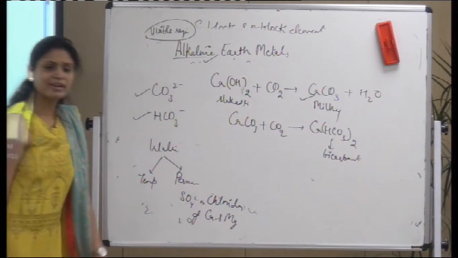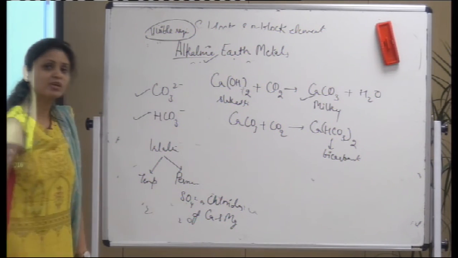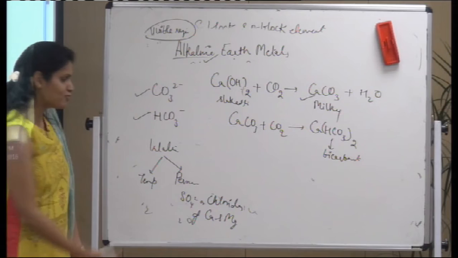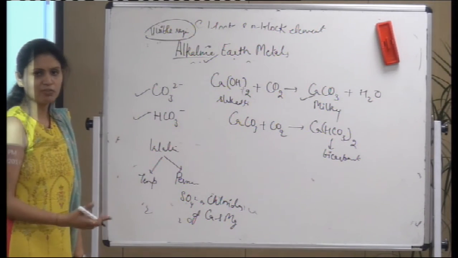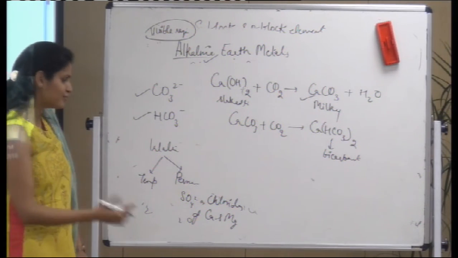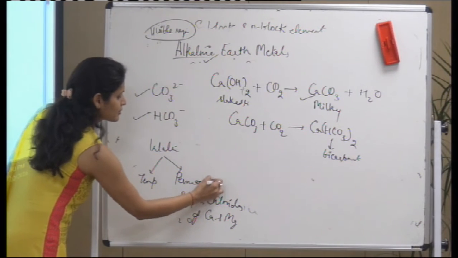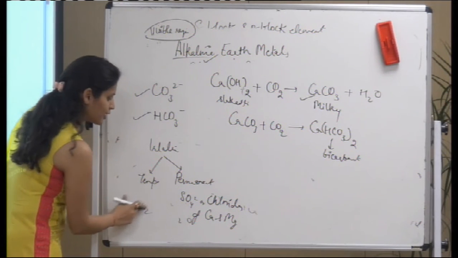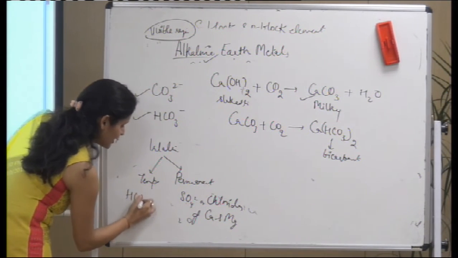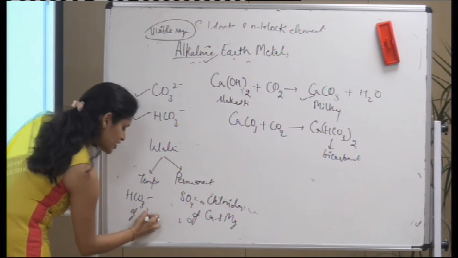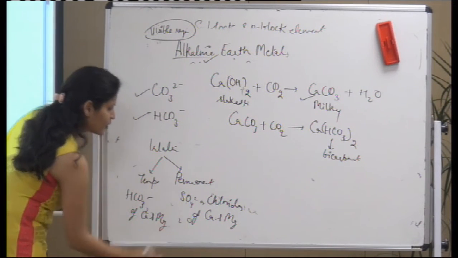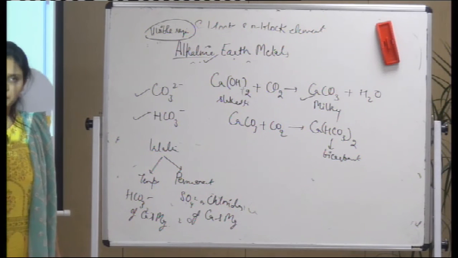When the water contains sulfates and chlorides of calcium and magnesium, we classify that water as having permanent hardness. And when the water contains bicarbonates of calcium and magnesium, we say that the water has temporary hardness.